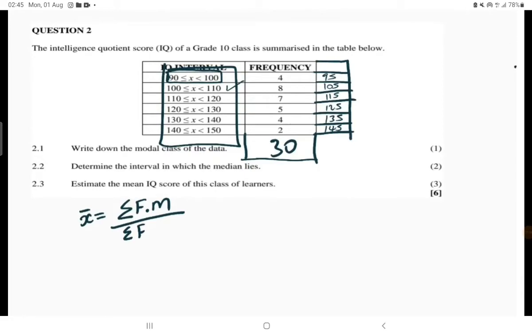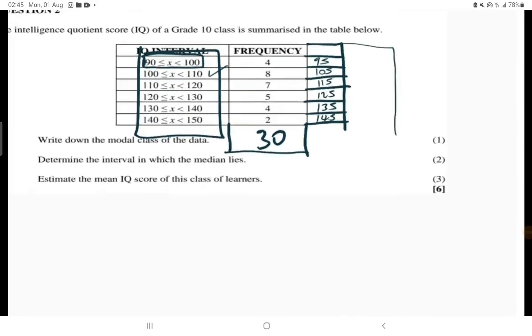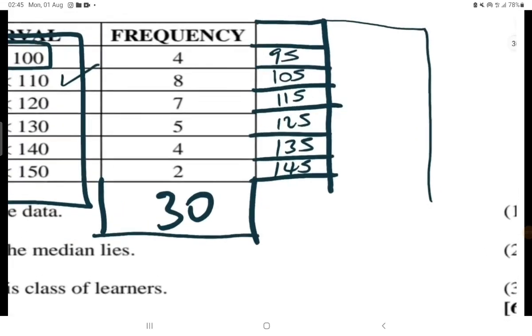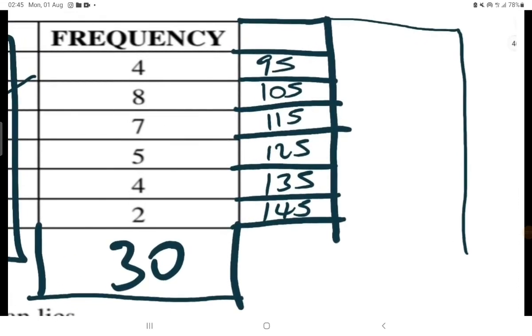Now, what are we going to be doing when we are calculating the mean? We can do it manually, or we can complete it right in this table. We're going to find the product of these things.